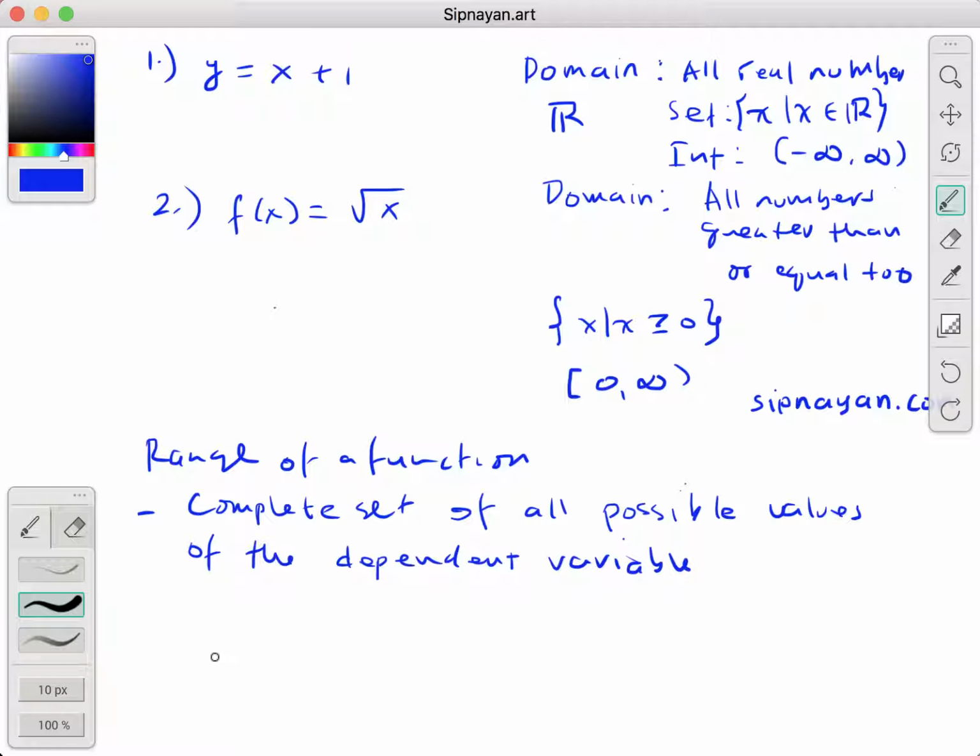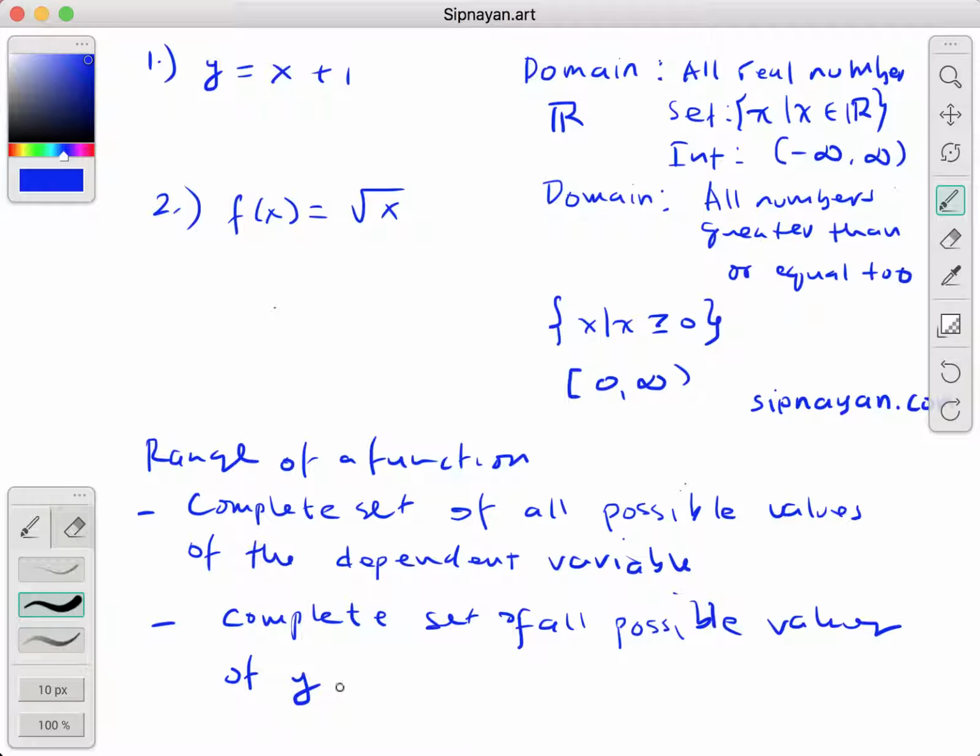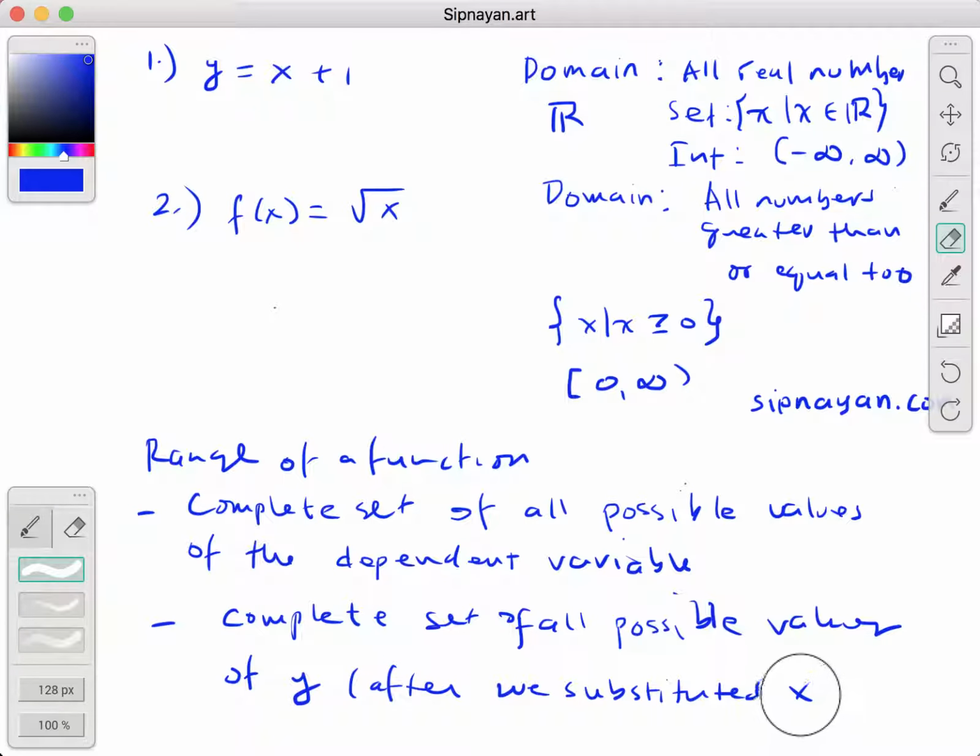And again, kung gagamit tayo ng xy, where x is our independent variable and y is our dependent variable, then pwede natin sabihin complete set of all possible values of y, no, after we substituted x, no? Numbers to x. O substituted the domain kung gusto nyo.